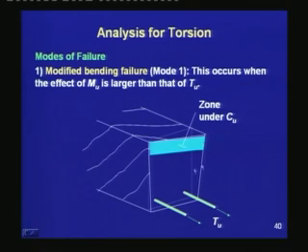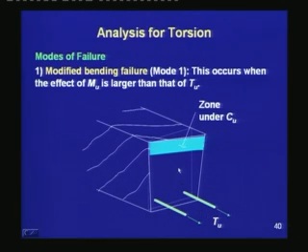of failure. The plane of failure is not perpendicular to the axis anymore, and what we find is that in this plane there is a zone which is under compression, which is shaded by blue, and the tension is carried by the bottom steel.